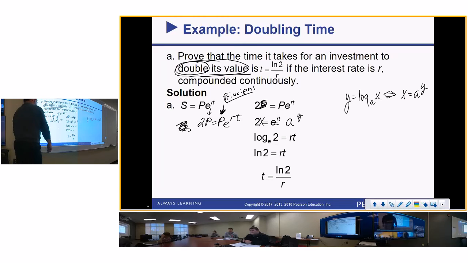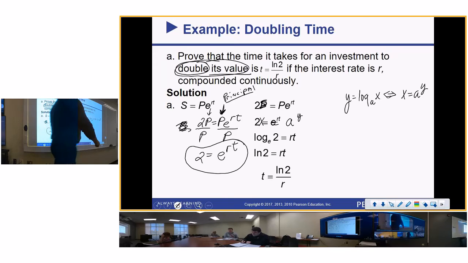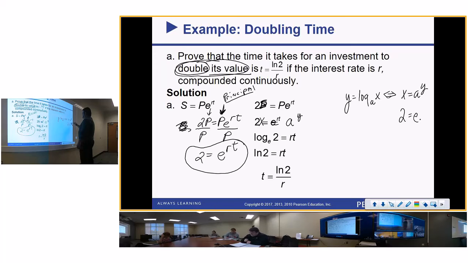I didn't write a book, so divide by P, and you get 2 is equal to e to the rt, and now you can use the definition of a logarithm. 2 is equal to e to the rt. So what is y? rt. And log base what? Base e.